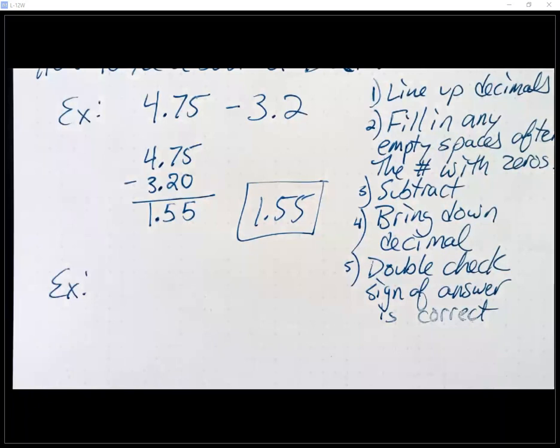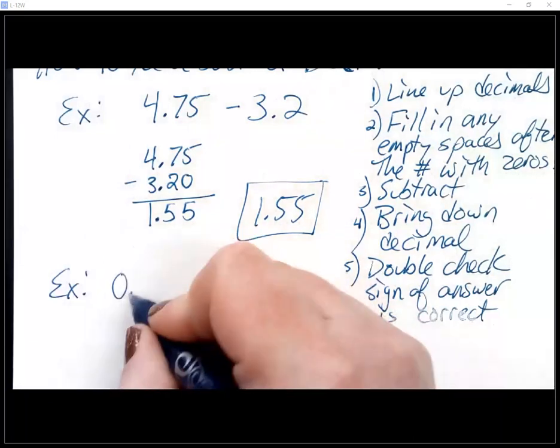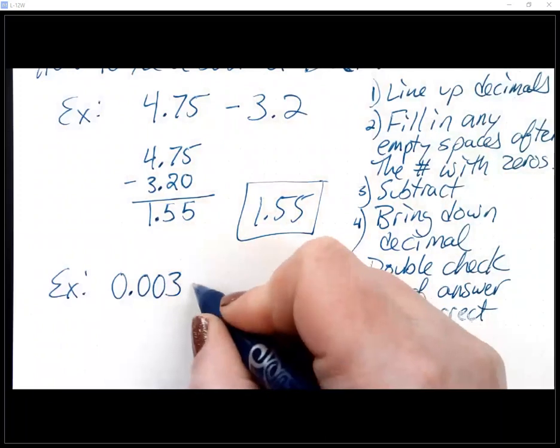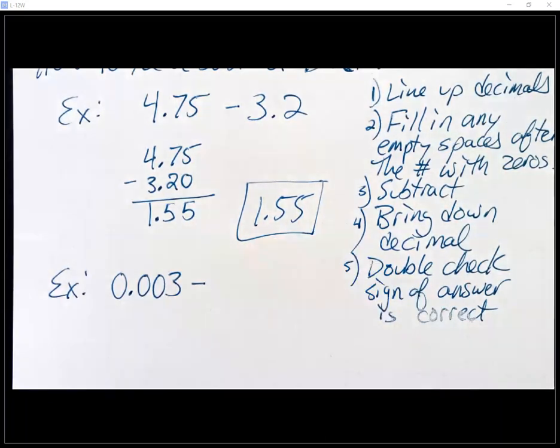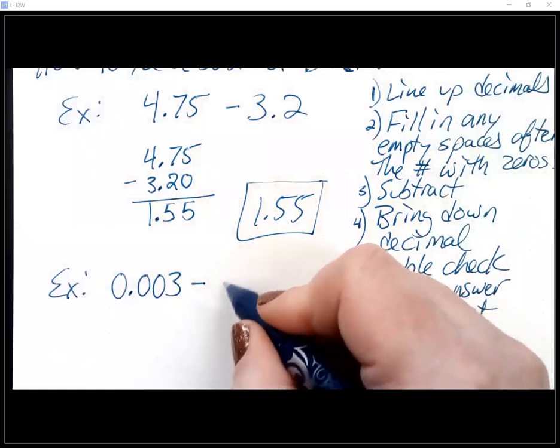Let's do a tougher example. Let's say I want to do something like 0.003, and I wanted to subtract from that, I don't know, 0.25.